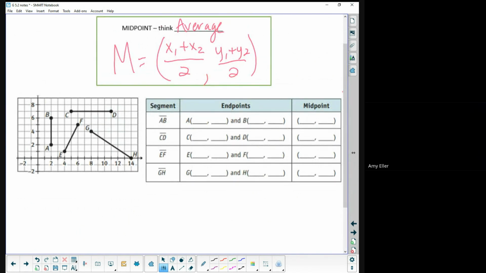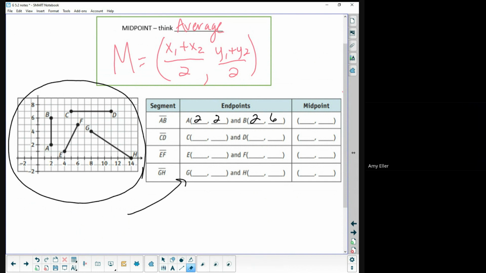So let's take a look at how this works in this diagram here. We're going to write down all of the coordinates. So you're looking at coordinate A. That is 2, 2. So go ahead and write 2, 2 for A. B is 2, 6. Go ahead, just look at this grid at all of the points and write down where they're located.